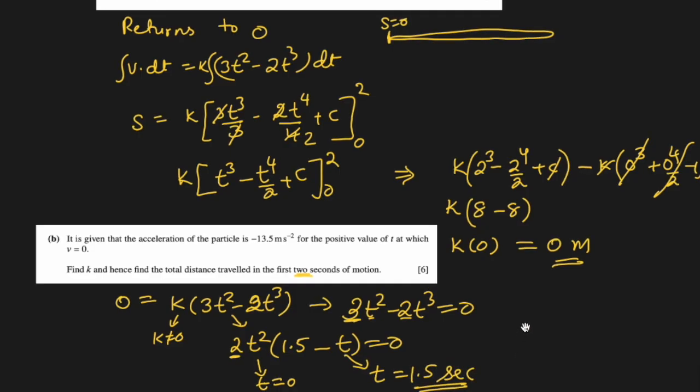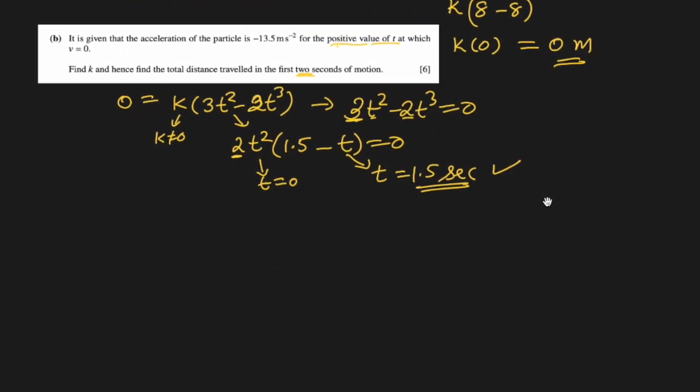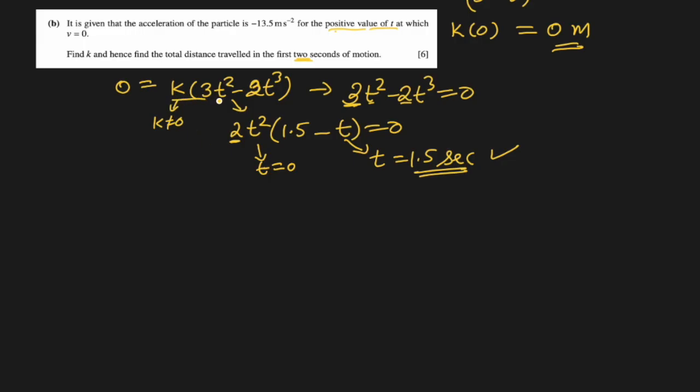So velocity was 0 when it started. Velocity is again 0 when the time is 1.5 seconds. They said positive value of t, right? And this is the one. Now we have to find acceleration at this point. This was the velocity equation, so we have to find acceleration by differentiating the velocity equation, which will be, k is there because it's a constant, not affected.